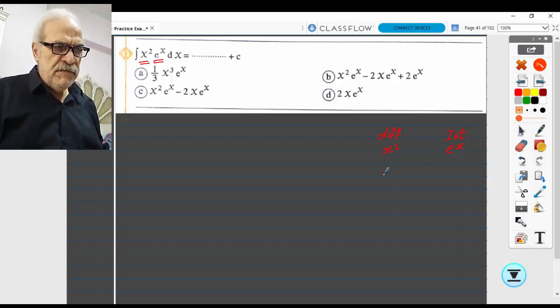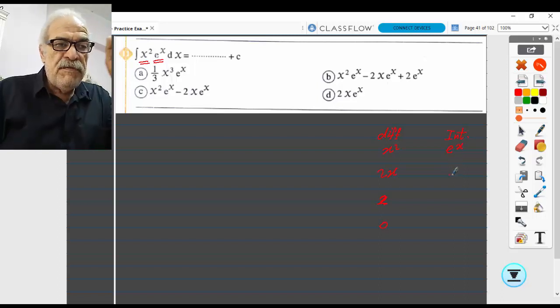The first derivative equals 2x, the second derivative equals 2, the third derivative equals 0. Here we stop and we make integration to e power x. The first time equals e power x.